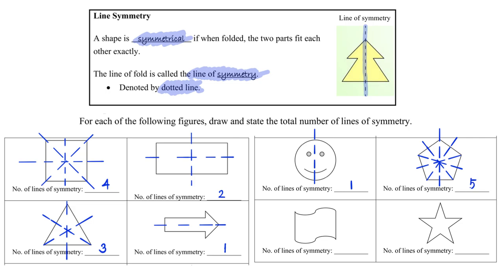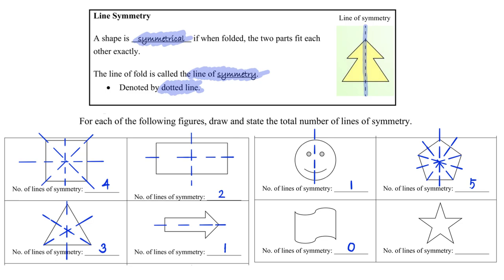Well, for this flag shape, you might think it seems to have some line of symmetry, but actually there is none. There's no way I can find a line of symmetry for this shape. As for the star, it is similar to the regular pentagon previously.